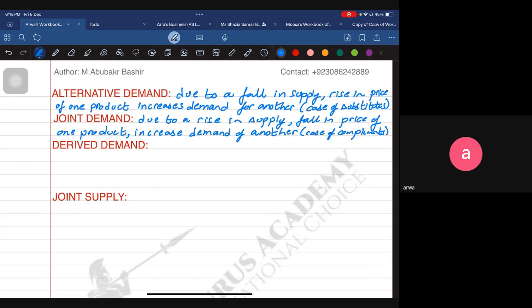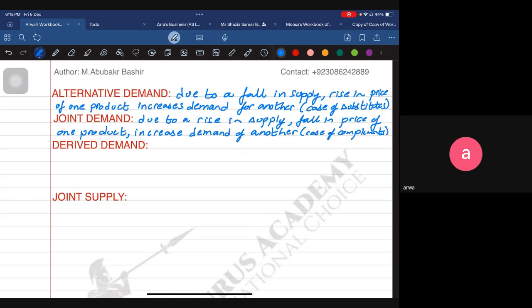Right. Now derived demand. What's that? Okay, derived demand, I'm not that sure, but I can give an example.